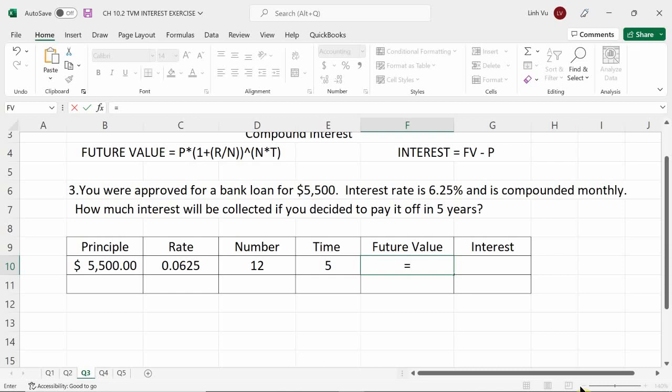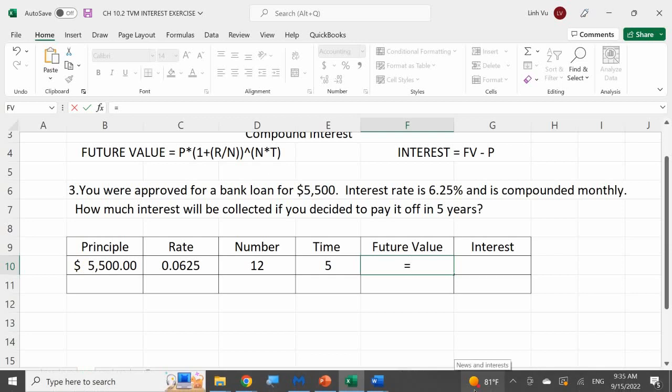So in this case, what's my principal? Well, I borrowed $5,500, right? I'm going to put my star, because I need to multiply that. Then my first parenthesis goes in here. You need to put that 1 plus another open parentheses. What's my rate?